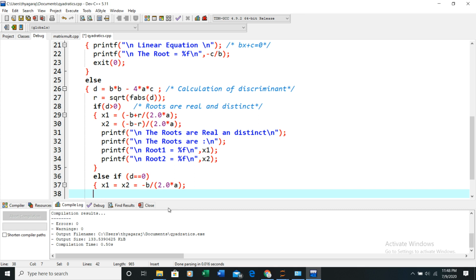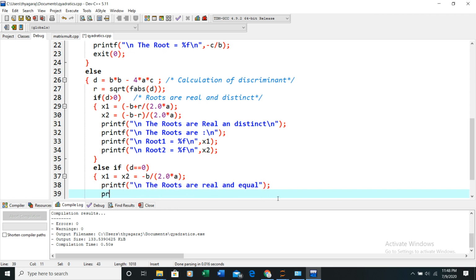Then the next one, we have to print this: printf slash n, the roots are real and equal. Then printf slash n, the roots are slash n.